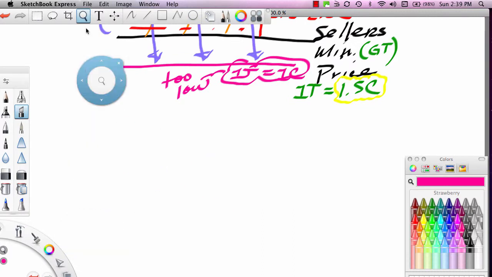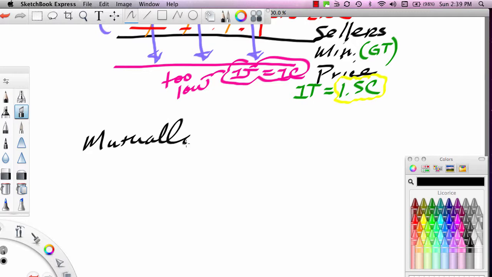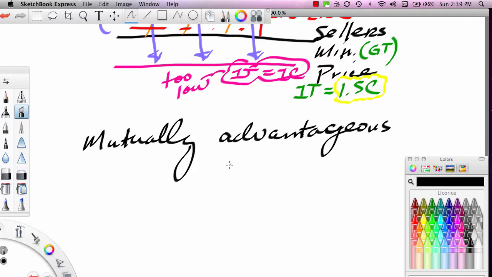Mutually advantageous trade. Sorry for my handwriting here.